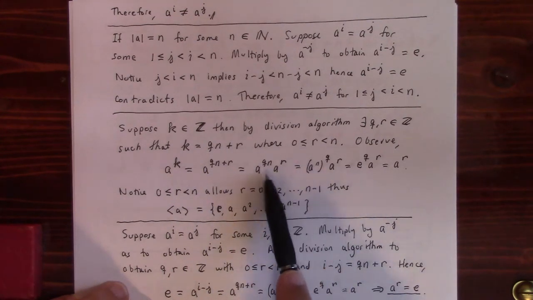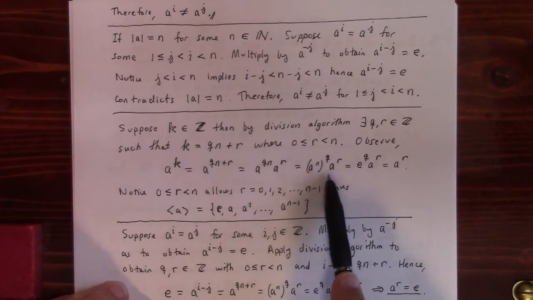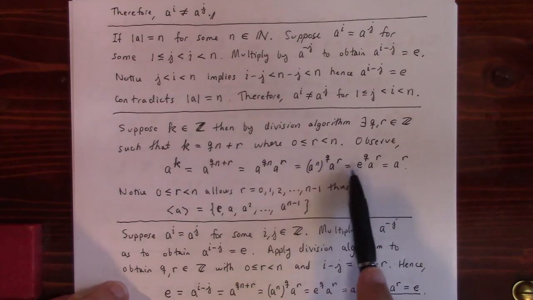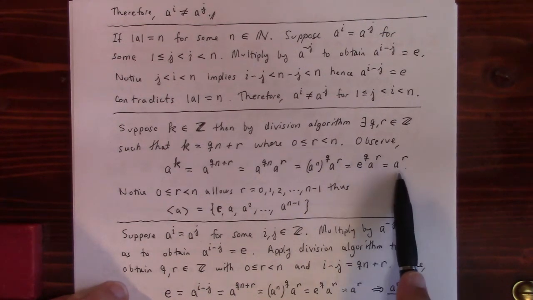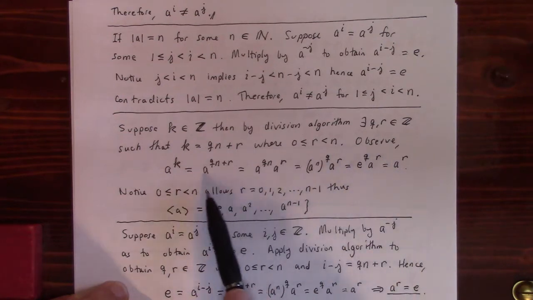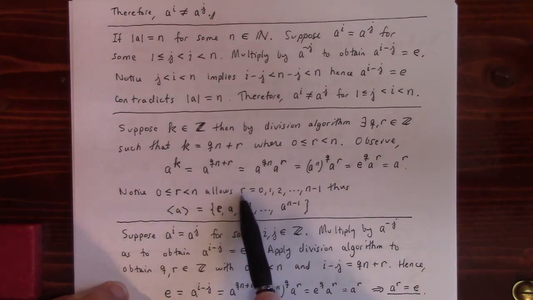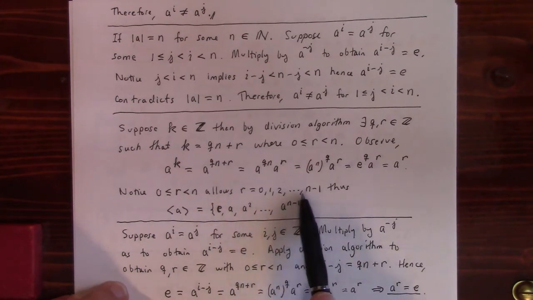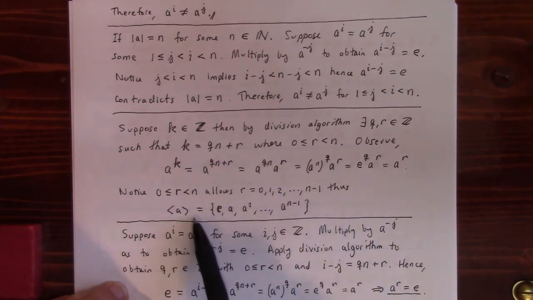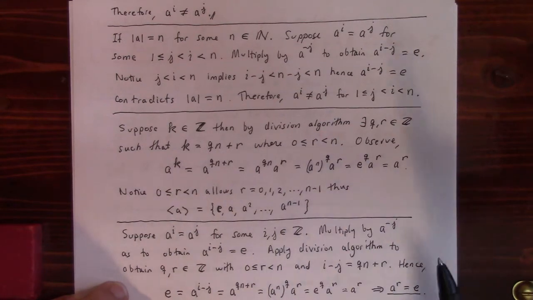But by laws of exponents, we can pull the power q out like so, and that gives us a to the n to the q times a to the r. But a to the n is e, so e to the q is e, and that leaves us with a to the power r. Therefore, for 0 less than or equal to r less than n, we have allowance for r going from 1 all the way to n minus 1, and in fact, our list is as advertised.